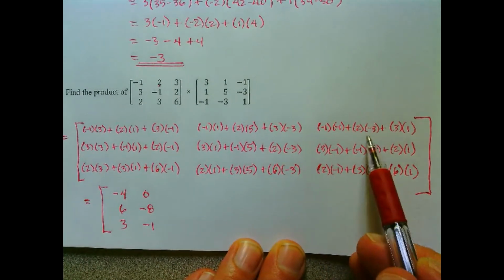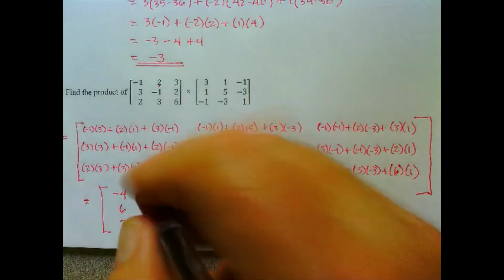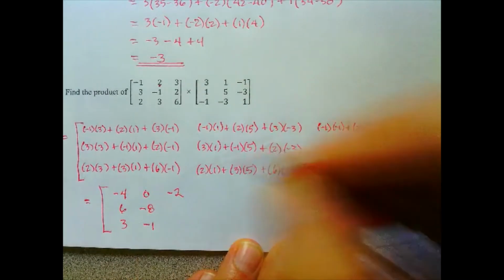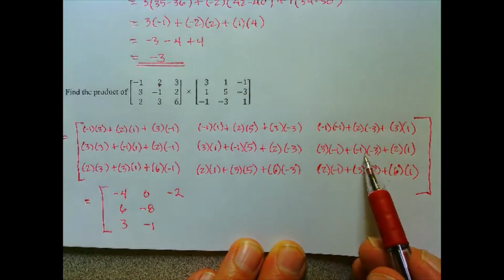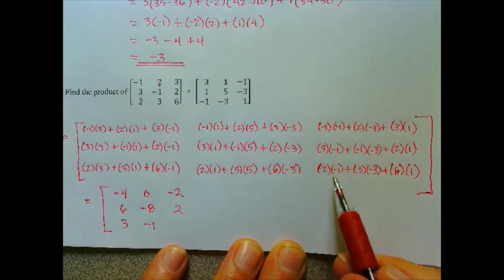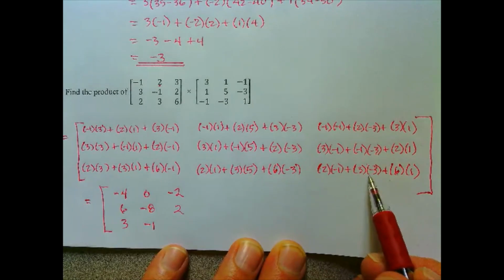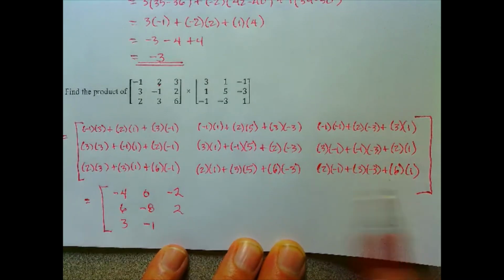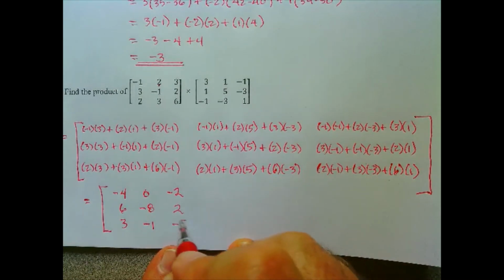1 minus 6 plus 3 is a -2. -3 plus 3 plus 2 is a 2. -2, -9 plus 6 is a -5.